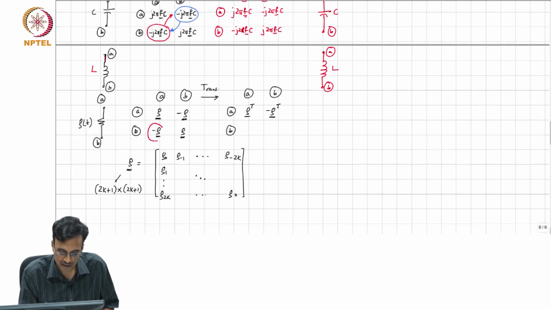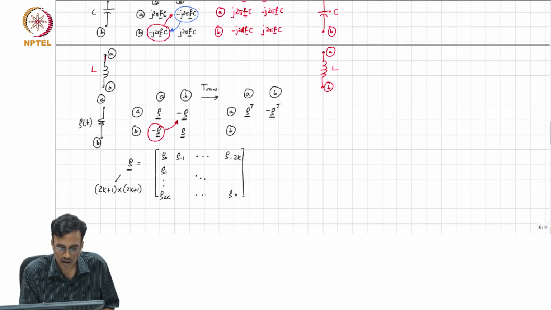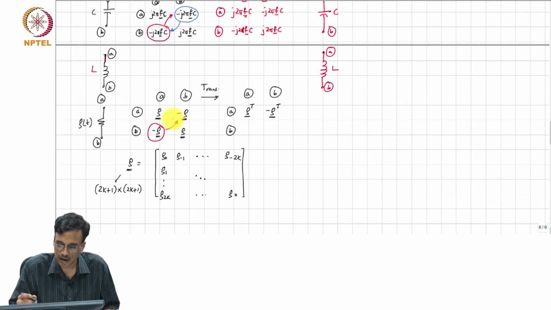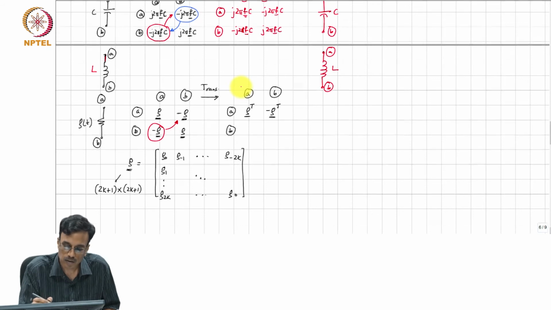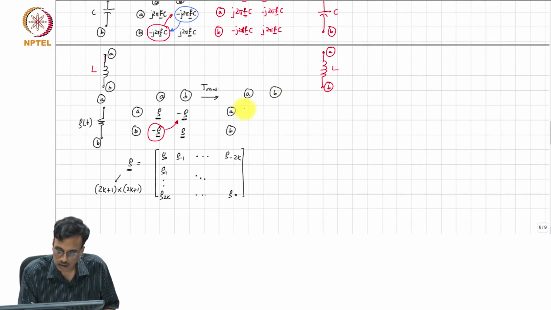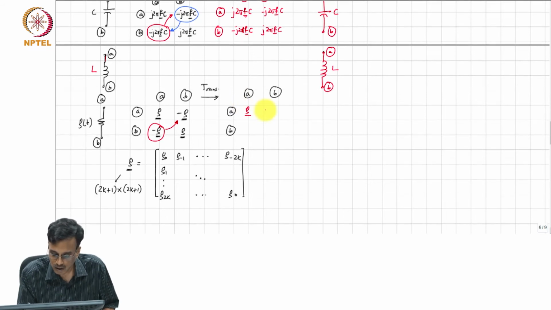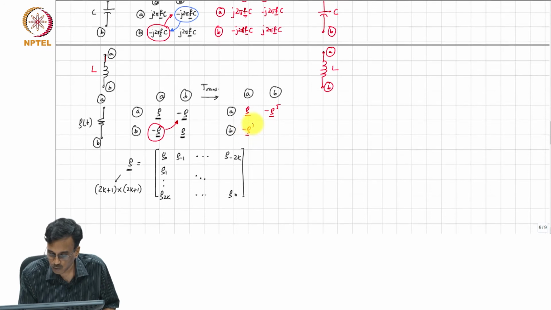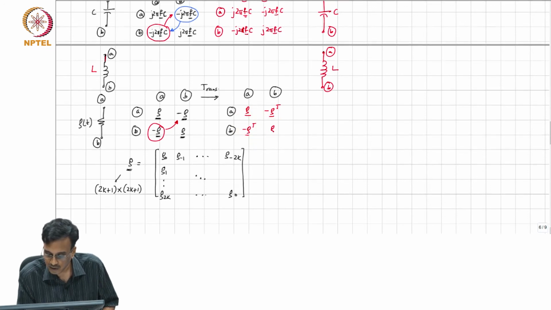It is basically this guy is going there and is getting transposed, right, and likewise, let me write this in red. This is minus G transpose and this is G.